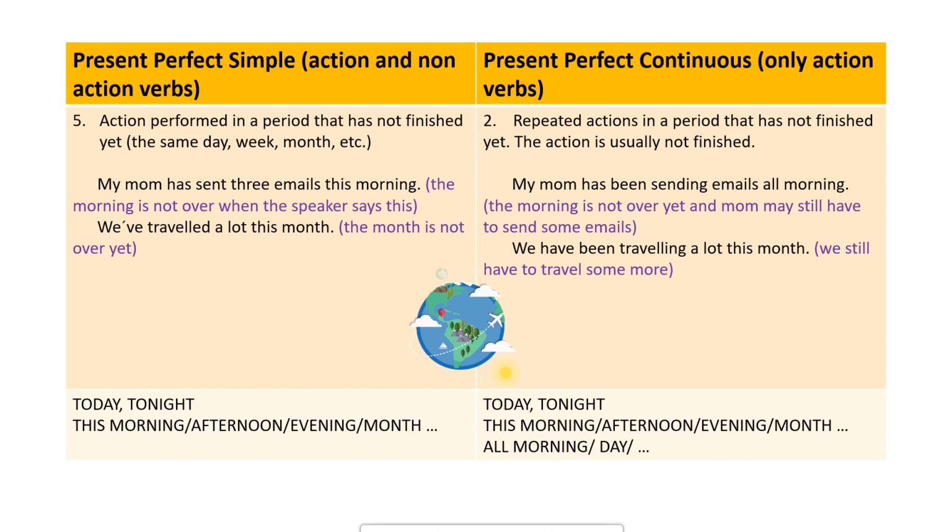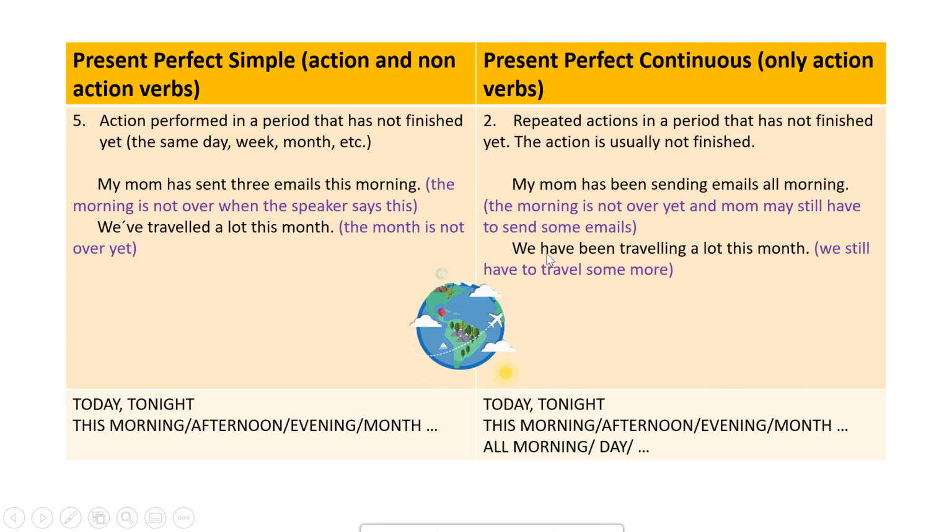Let's see. Well, there's a little nuance there in difference. So here we have the same example, more or less. Yeah, we have traveled a lot this month. Here we use present perfect simple. What I want to focus on is that the month is not over yet. Yeah, we haven't finished the month.